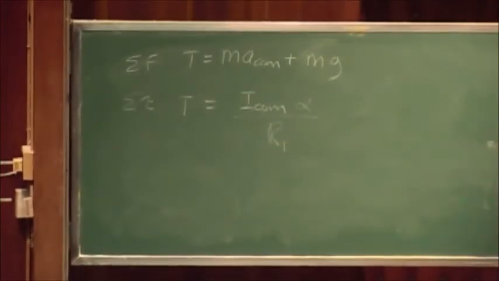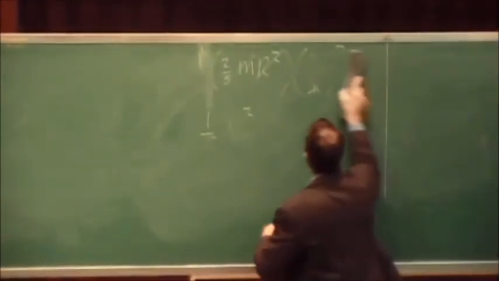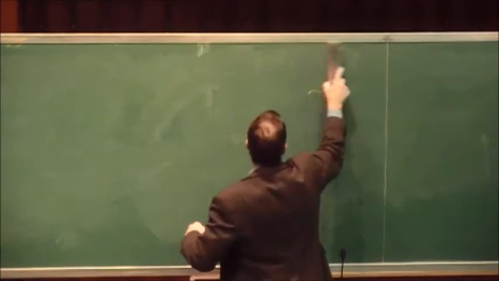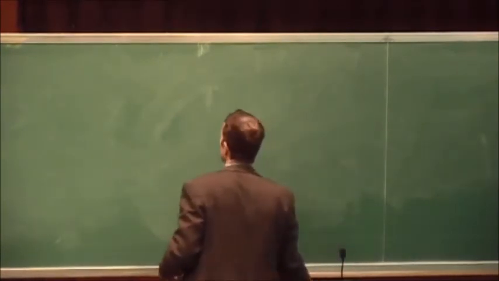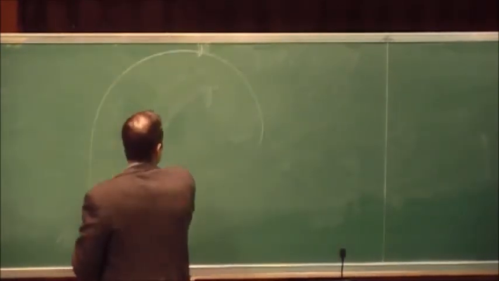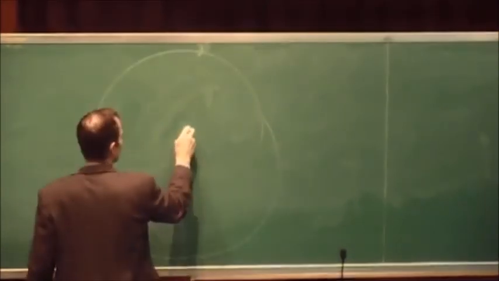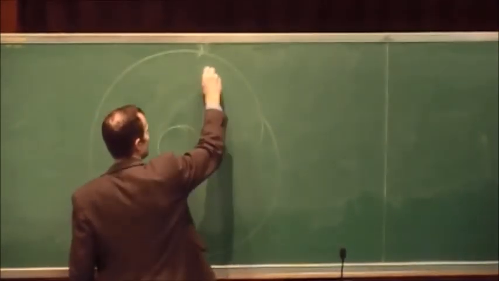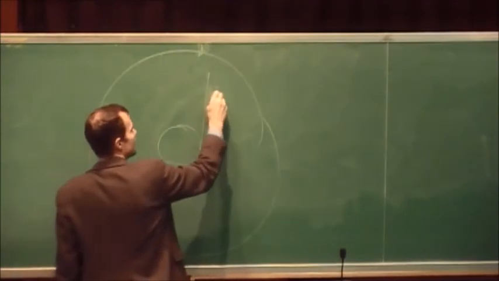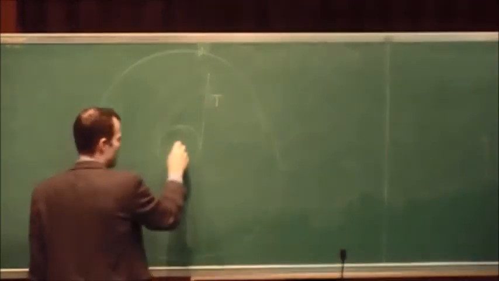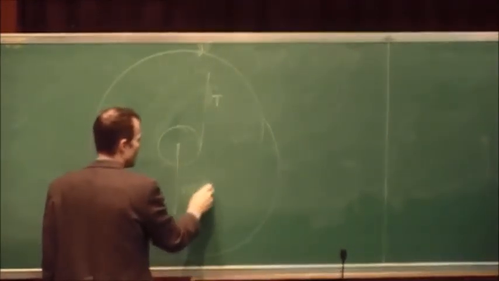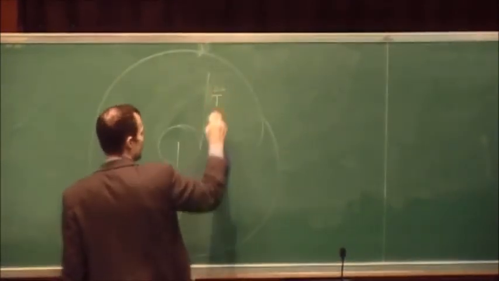What is the difference between R1 and R2? Okay, a good question. So let me draw this. It's probably too hard to see back there. So here's my yo-yo. I have a tension coming up here like this, right? And I have a mass, M G, coming down like this.